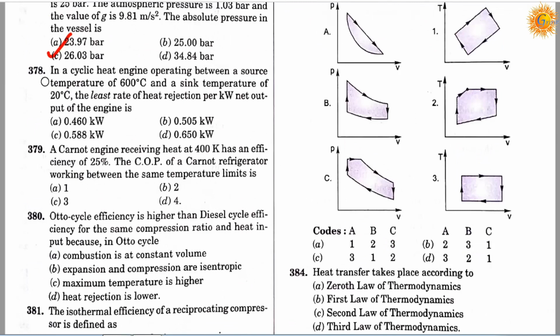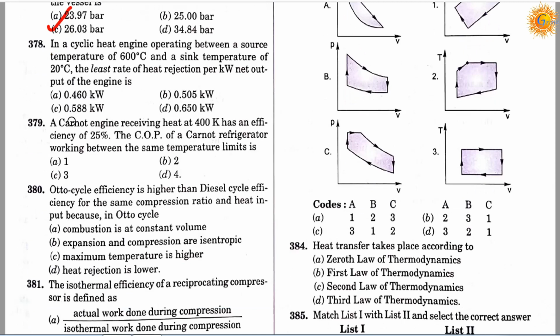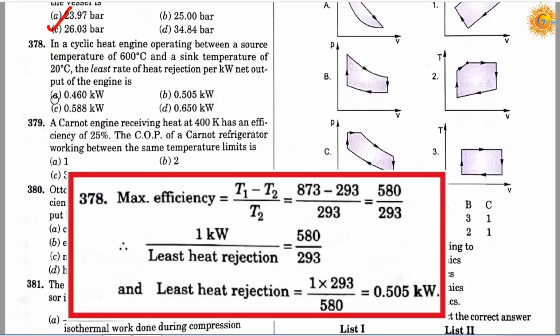Question number 378. In a cyclic heat engine operating between a source temperature of 600 degrees centigrade and the sink temperature of 20 degrees centigrade, the least rate of heat rejection per kilowatt net output of the engine is option A 0.460 kilowatt, option B 0.505 kilowatt, option C 0.588 kilowatt, option D 0.650 kilowatt.